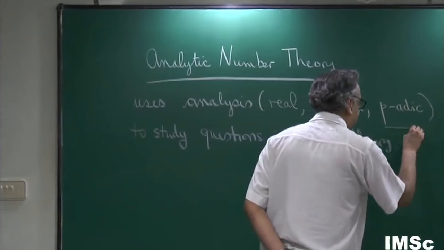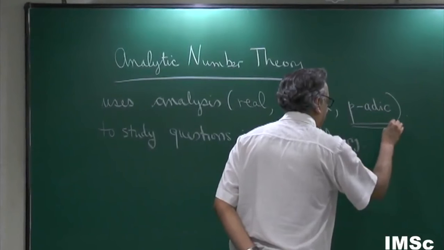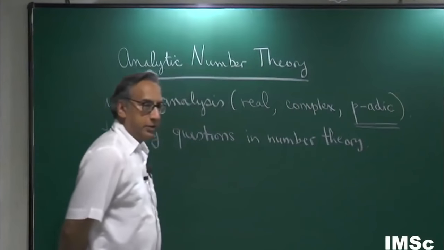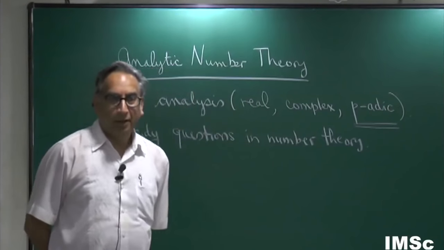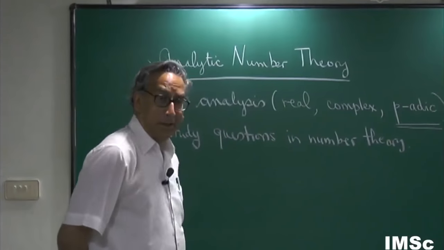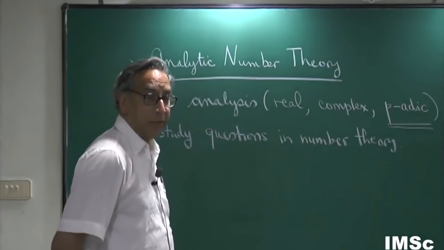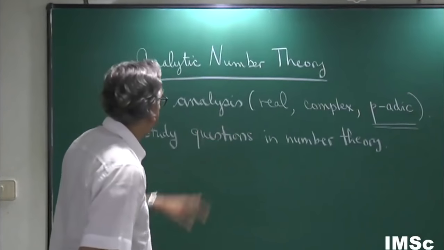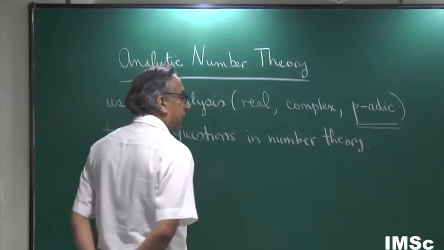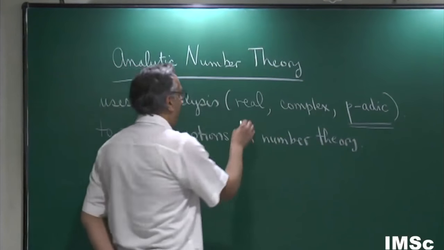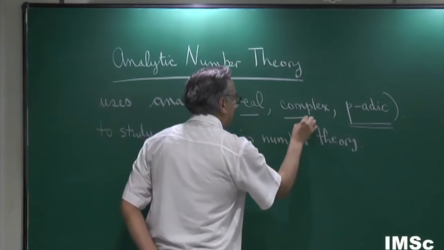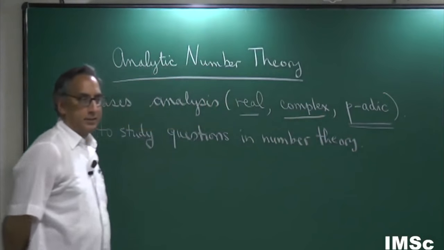P-adic is a recent entry into the methodology in analytic number theory, and I have a book on p-adic analytic number theory, but if you're interested in studying that, you can do that independently of both these things. But in this kind of informal talk, we will focus only on real and later on perhaps complex analysis.